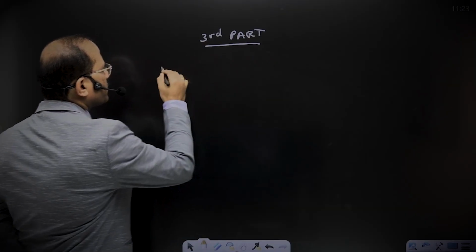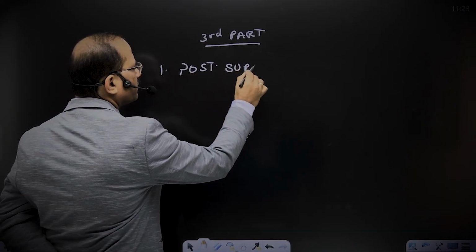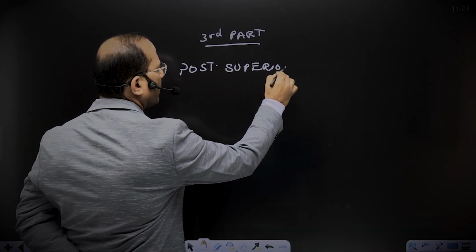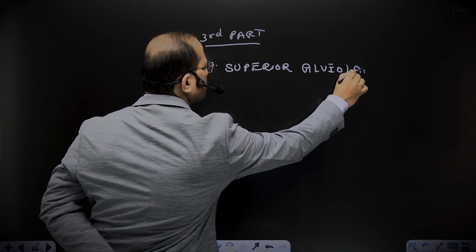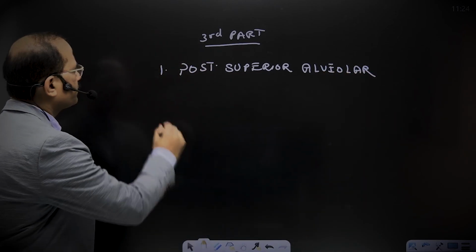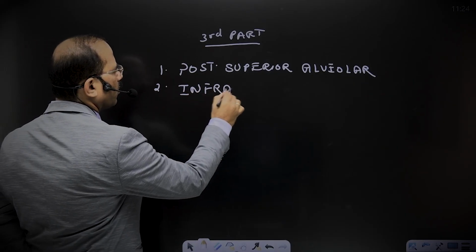Third part gives, number 1, posterior superior alveolar artery. Infraorbital.